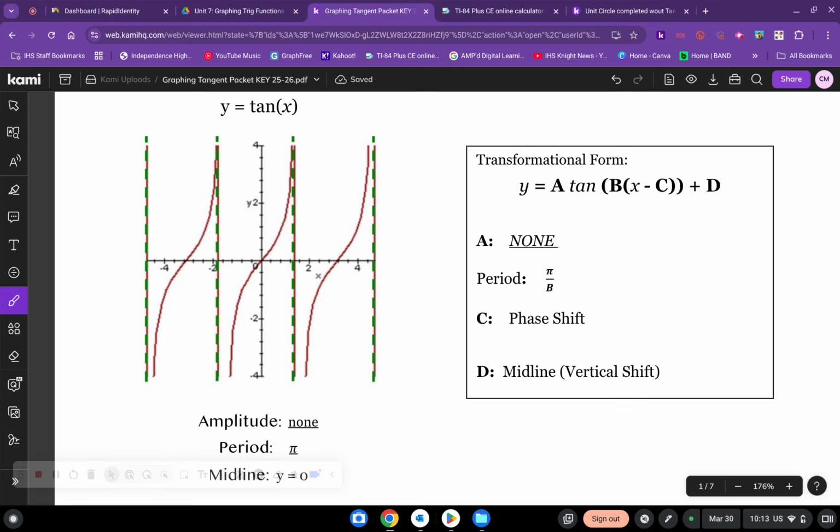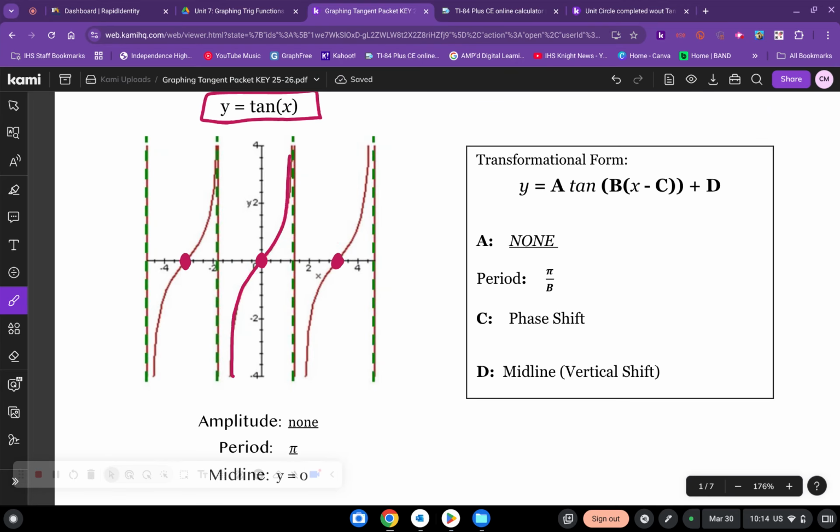So for my function tangent of x, the parent function looks like this. We have what we would call the point of inflection here that goes through the origin, and then the graph itself is a bit of a wiggle that goes through that point of inflection.